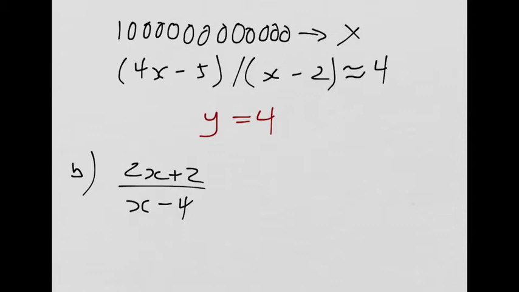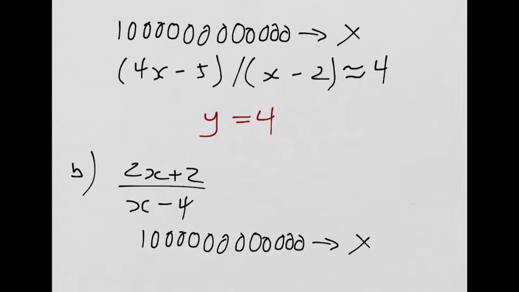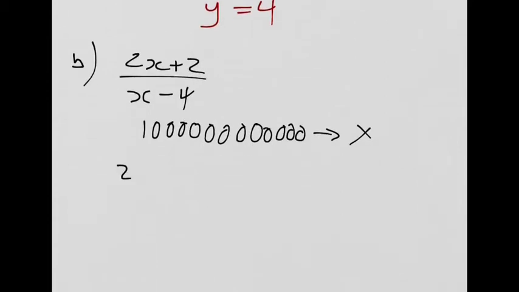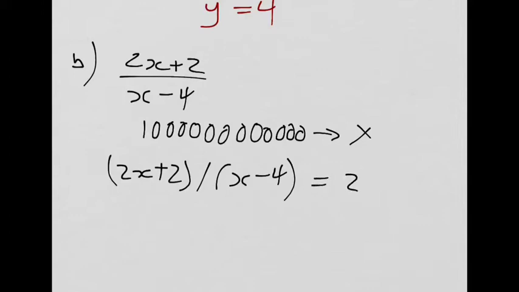Okay, so put in that same huge number for x, and then put that into your calculator as 2x plus 2 divided by x minus 4. Okay, and you get how much? I got 2. Okay, again, this is an approximation because it's technically not exactly 2. But we could suspect that the graph is approaching 2 as x grows really, really large. Right? So we would say probably the asymptote is y equals 2. Again, not an official method, but it gives you an idea.